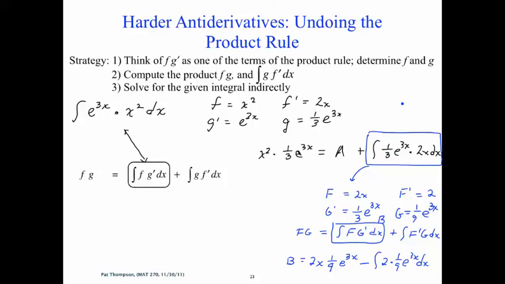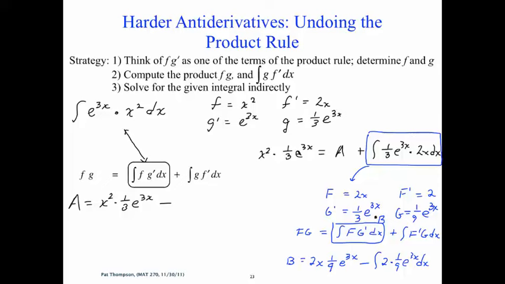Okay, and so what were we after? We're after that original thing, A. So A is going to equal x squared times 1/3 e to the 3x minus all of this. That's our solution, or our answer, to the blue box, right? So we'll go back here and we'll say now our answer equals little f times little g, x squared times 1/3 e to the 3x, minus this one.